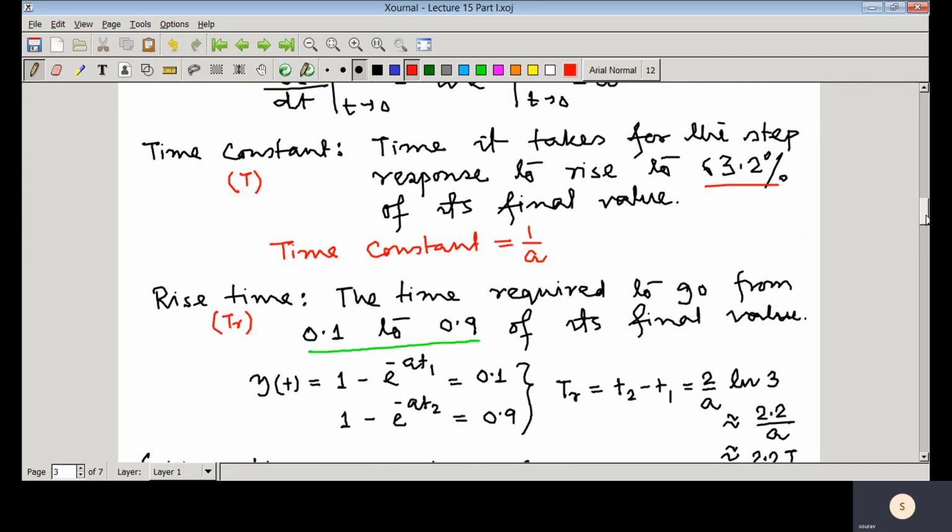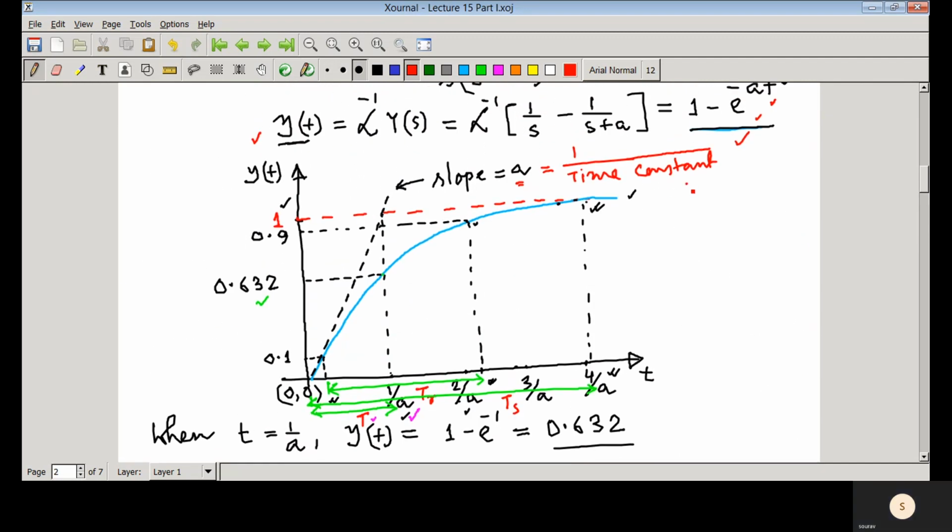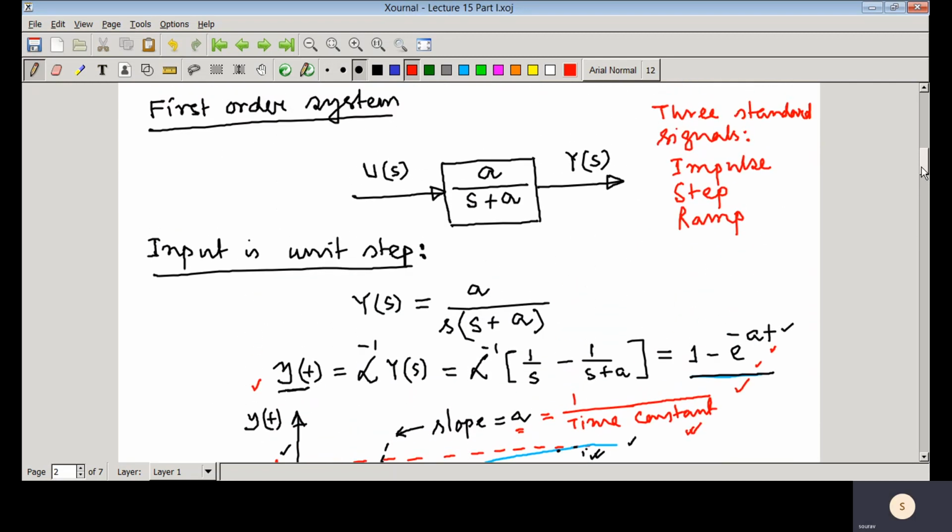And the initial slope that you can see is 1 by the time constant, that is 1 by T, or it is a. And also it is clear from this particular transfer function that this time constant, if you write it in this form, that is a divided by, if you take a common here, a into s plus 1, so that is 1 by (s/a plus 1).